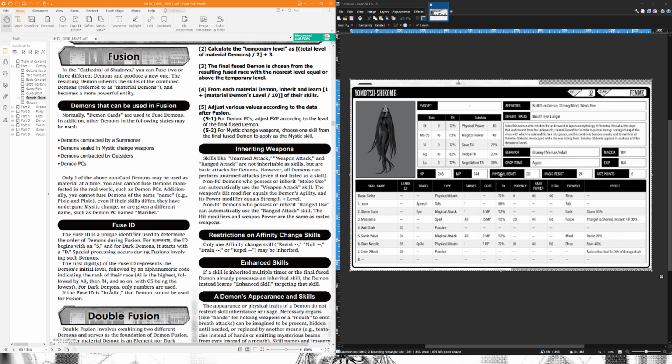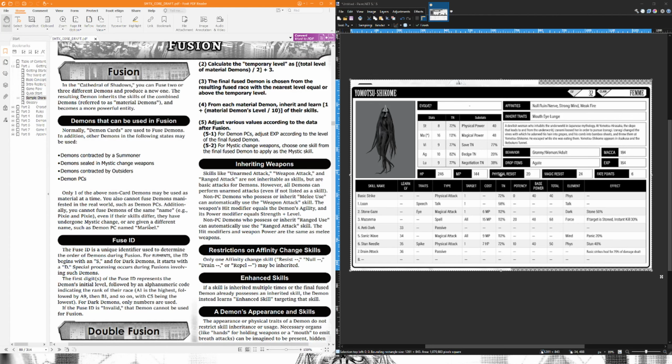You have to make modifications to the fuse ID. You could easily make a fusion calculator using just the fuse ID, but you could just as easily do the same by transposing the demon's race and level and ignoring the IDs, because I don't think sorting them works. You would have to modify them to make the fusion calculator work, which I've done. It's fine. I just don't know why they did it that way.